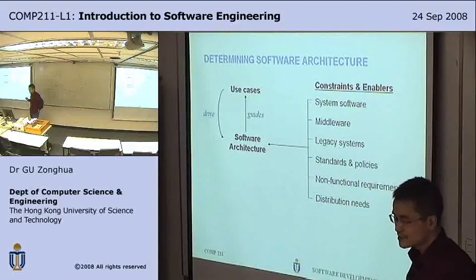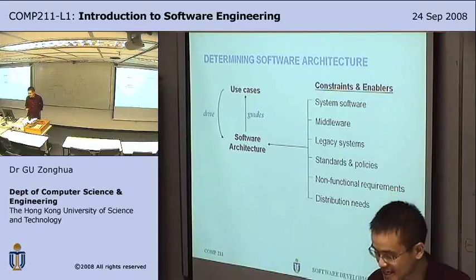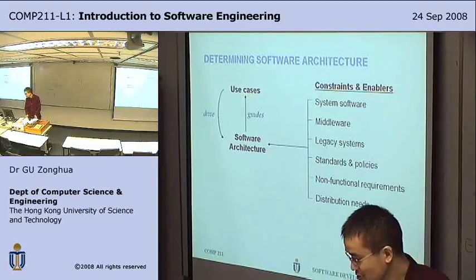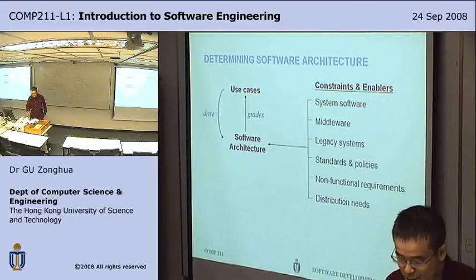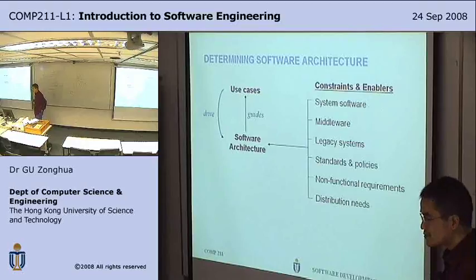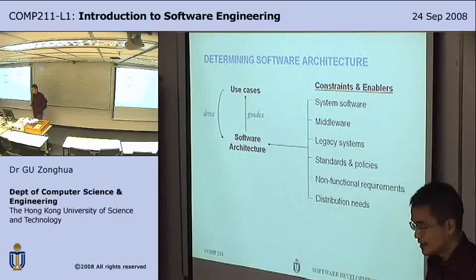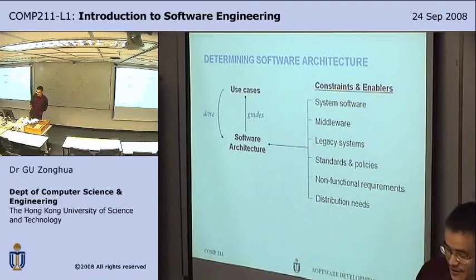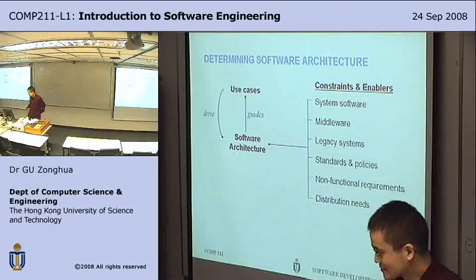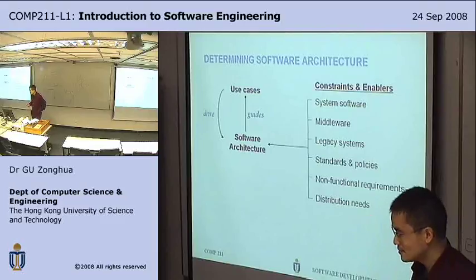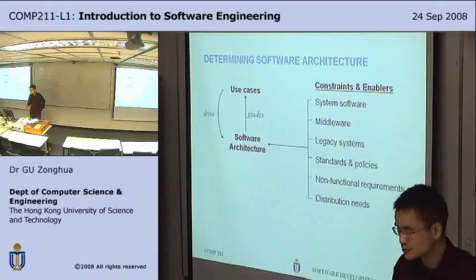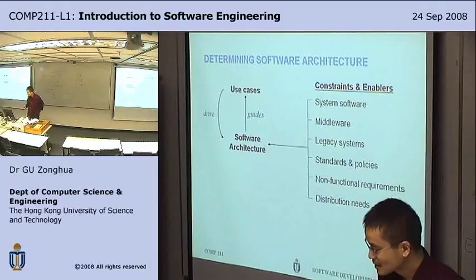That is, all these elements have an effect on the architecture, including system software, that is operating system, database management system, middleware for communication, or database or business transaction, legacy systems, standards and policies. Does the organization require Windows or Unix on the desktops?